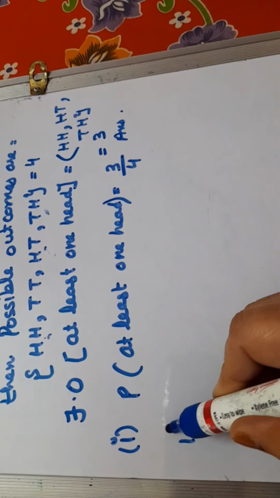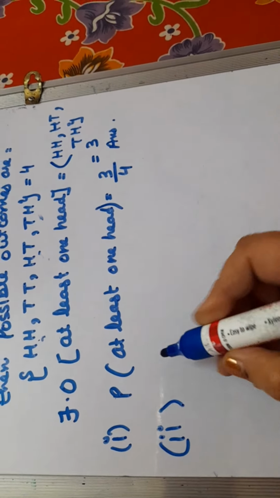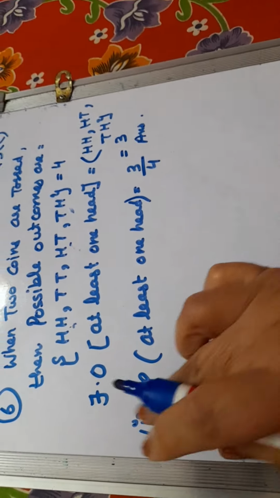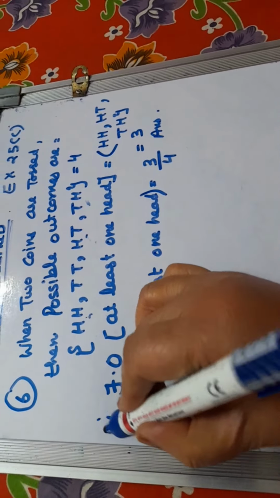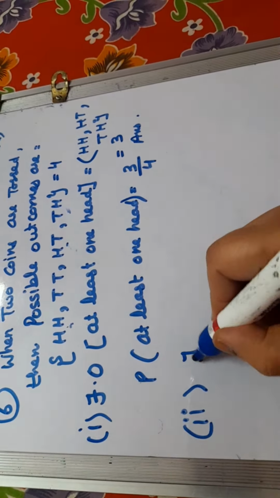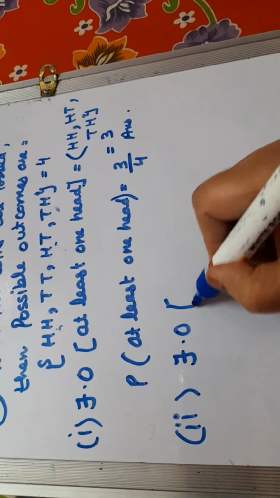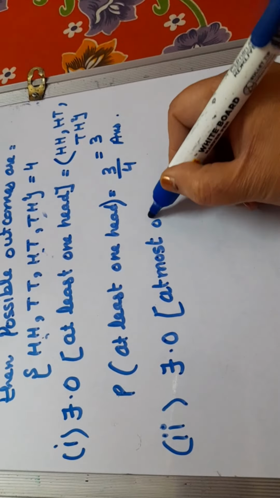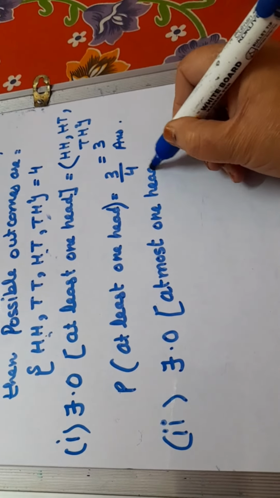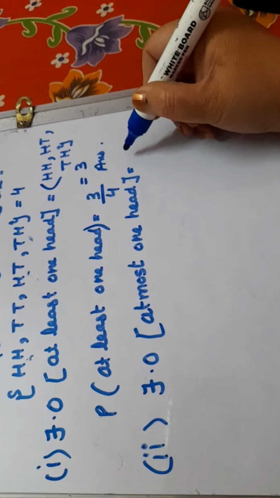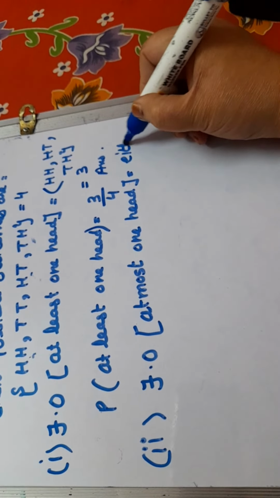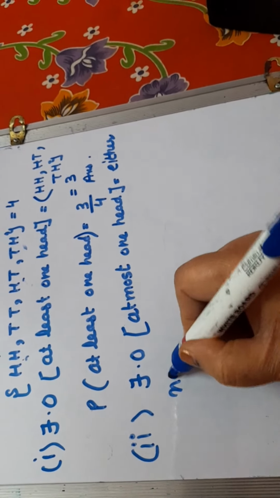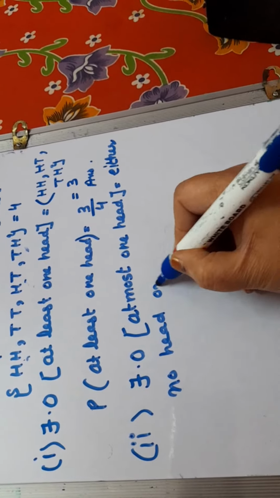Now we will do second part. What is the probability of at most one head? So first of all we will list favorable outcomes for at most one head. Students, at most one head means either no head or one head.